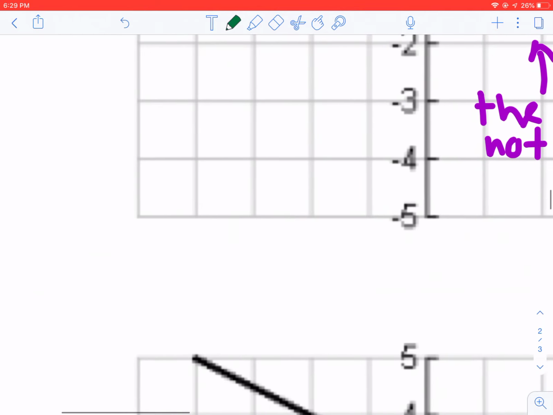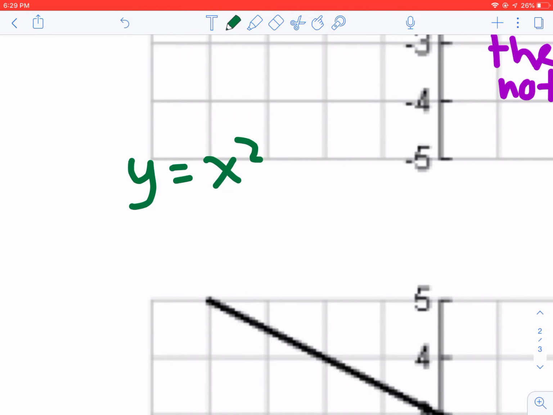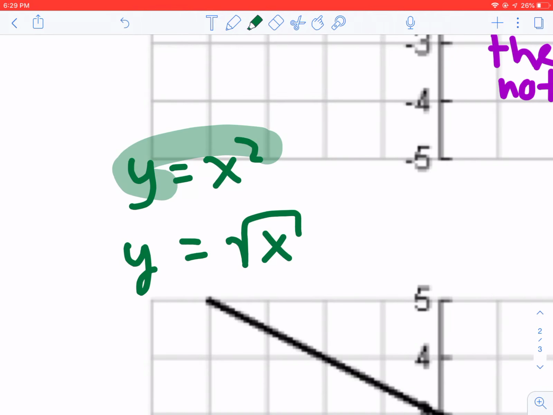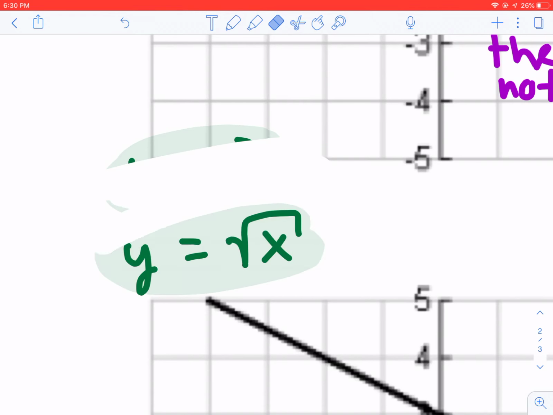Alright, and let's just think about y equals x squared, for example. The inverse of y equals x squared is going to be the square root of x. And the reason that's a problem is because in the original function, that's defined for all real values of x. But in the inverse function, it's only defined for positive values of x, or 0.